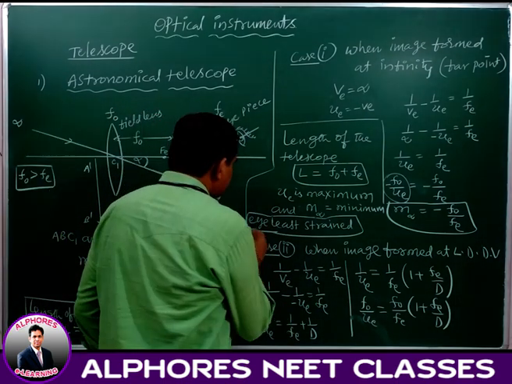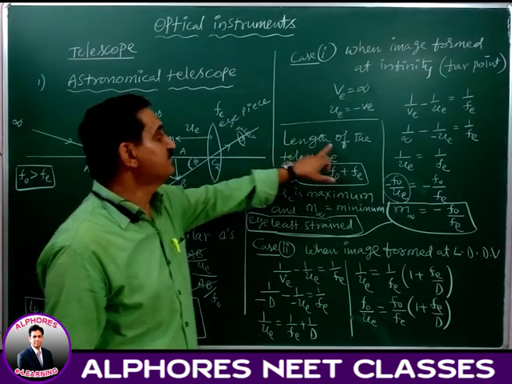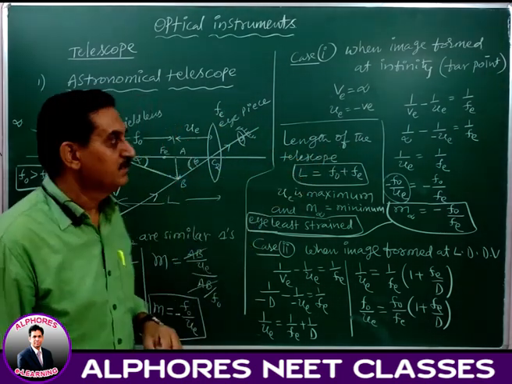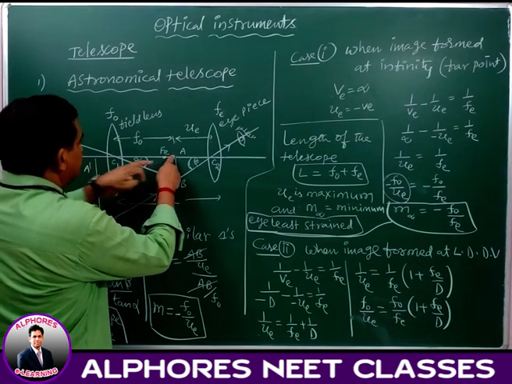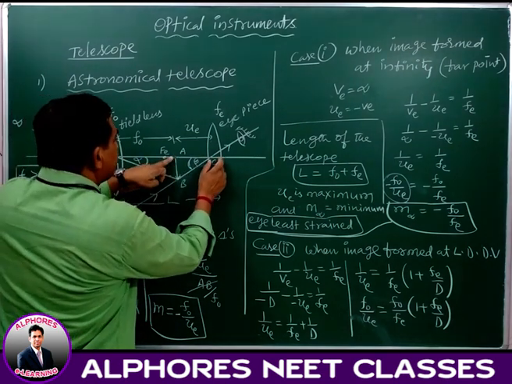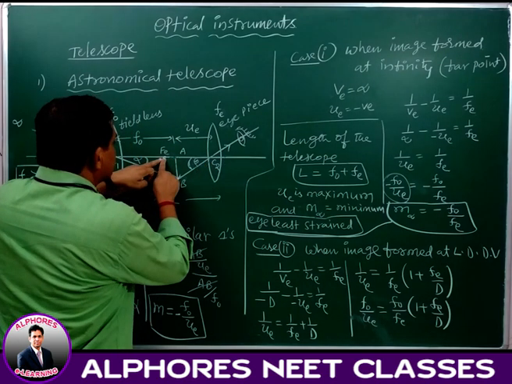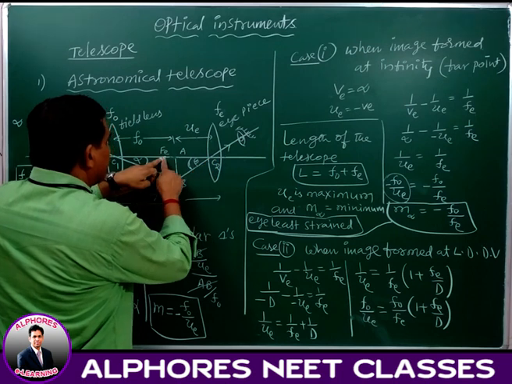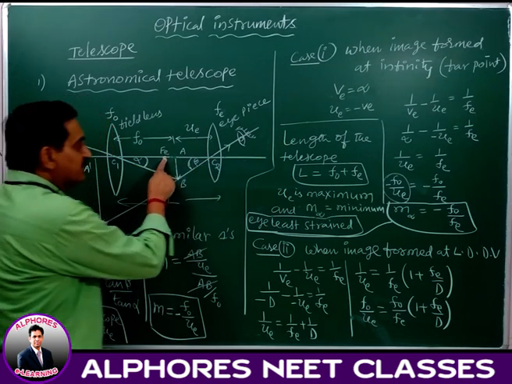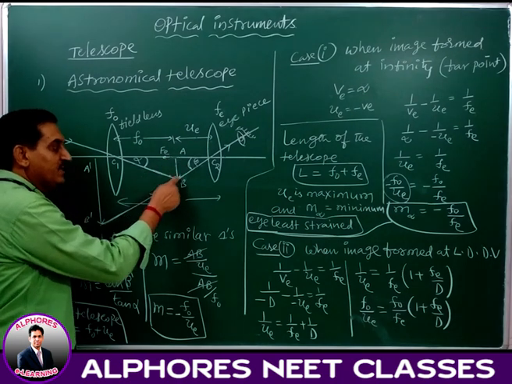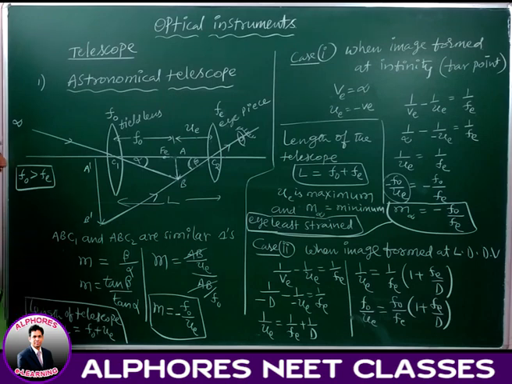In this case, one more point: the length of the telescope. F naught is fixed. Now when the eyepiece is moved away slowly, the focus point of the eyepiece slowly moves back, and whenever FE coincides with this AB, its corresponding image goes to infinity.